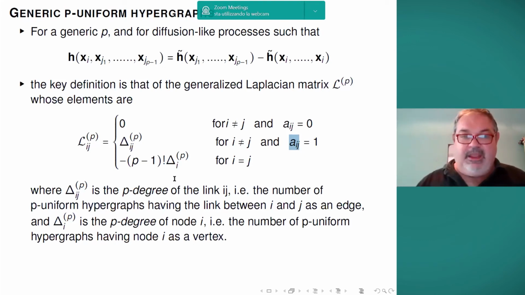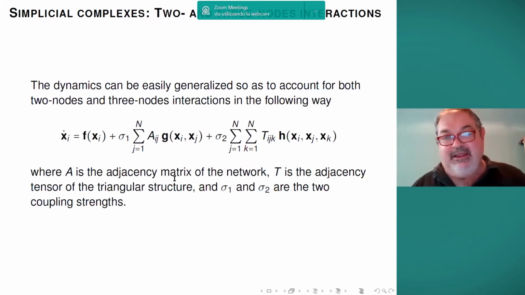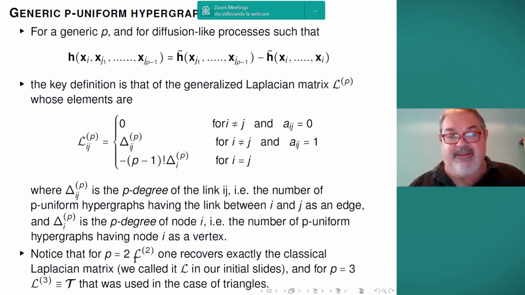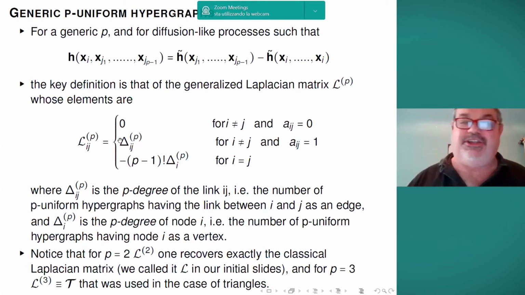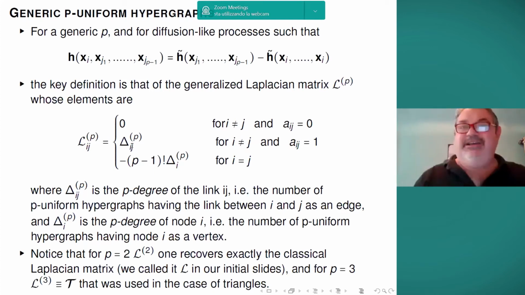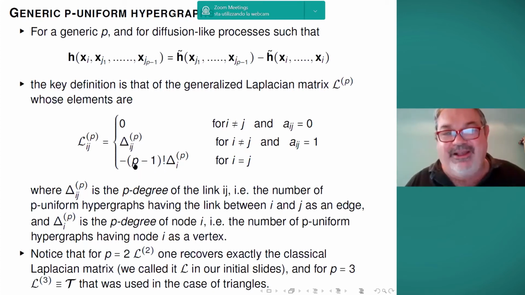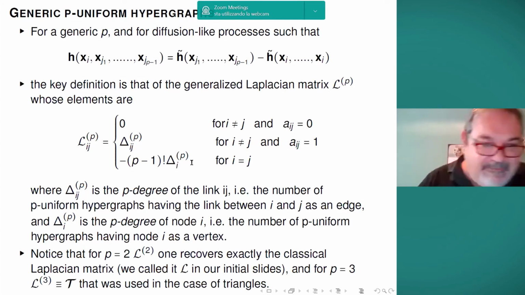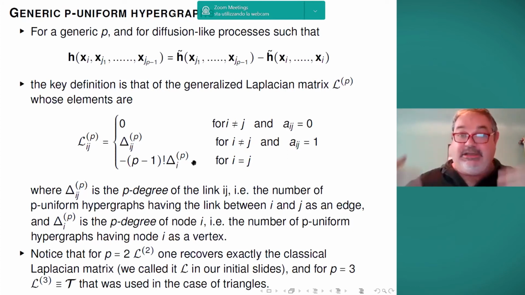When you do like this, believe me, calculations are a little bit involved, but you notice that for p equal to 2, you have L2, which is exactly the Laplacian, because you have 0 if there is no link. How many links are formed by the link ij? 1. So you have 1 when there is the link, and here you have 2 minus 1, 1, the degree of the node. Okay? So this generalizes the Laplacian.